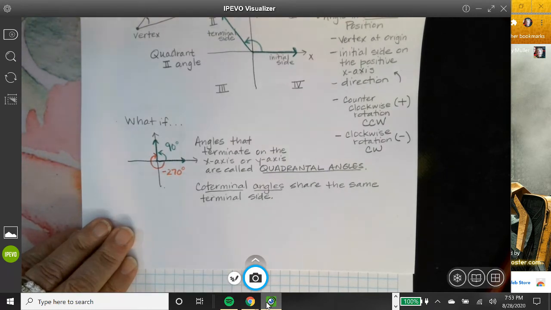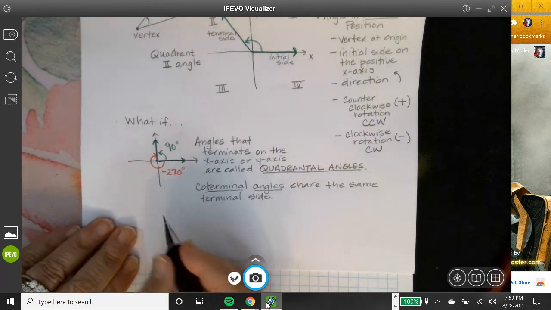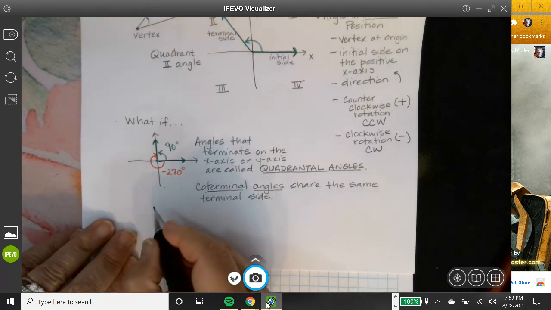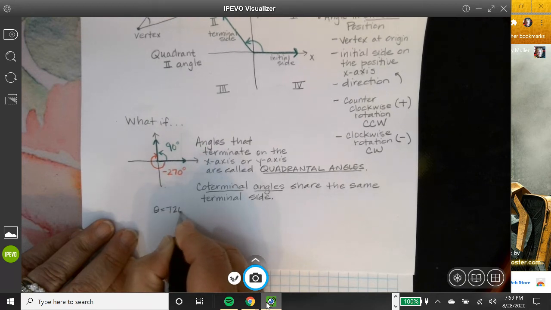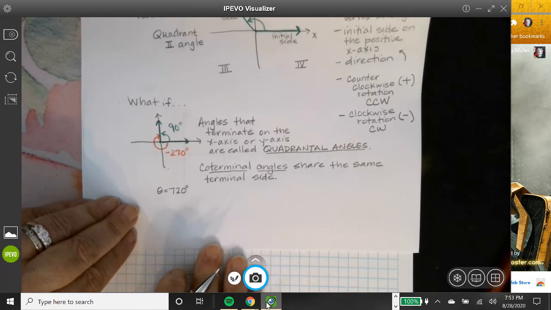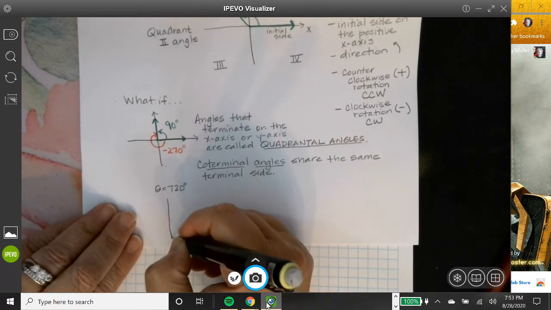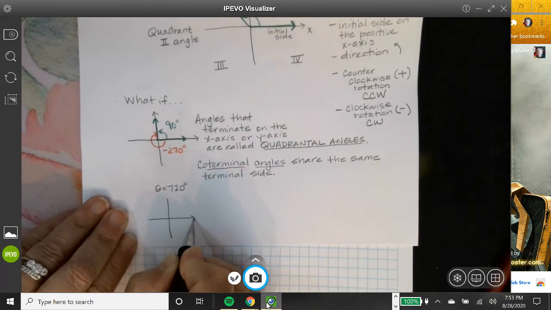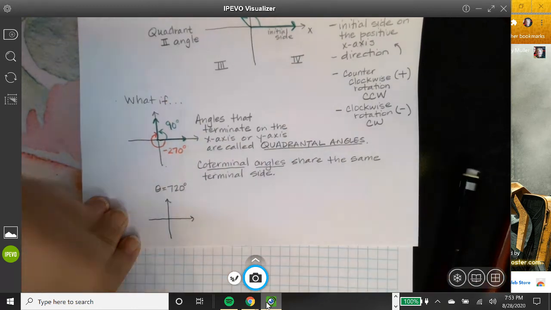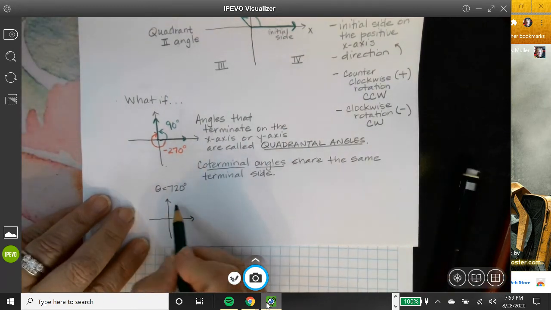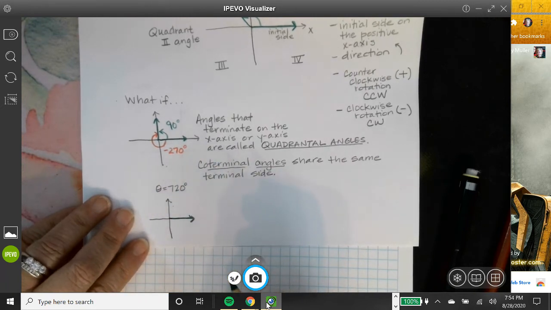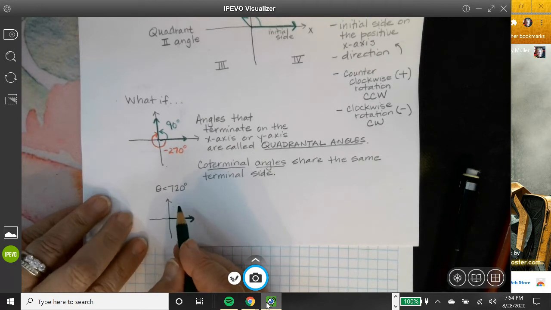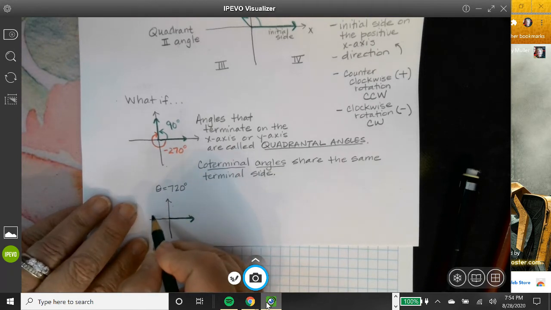You know, if I have an angle that's 720 degrees. Let's say I have my angle theta, and I say I want that to be 720 degrees. If I were to graph that, here it is, my XY plane. And I'm going to go counterclockwise. So there's my initial side, because I'm going to put it in standard position. 720. Well, all the way around is 360.